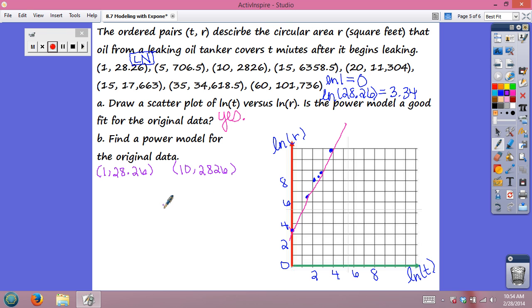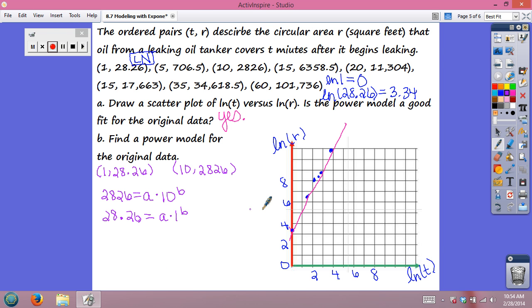Okay, once again, the first thing we want to do is plug those values into our equation. So we get 2826 is equal to a times 10 to the b power. And then we have 28.26 is equal to a times 1 to the b power.